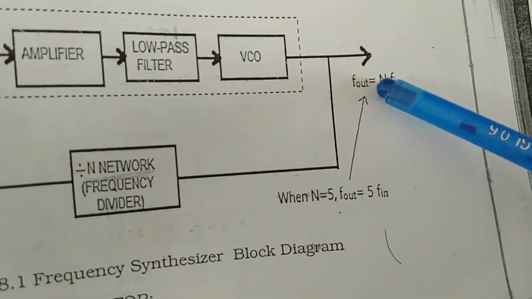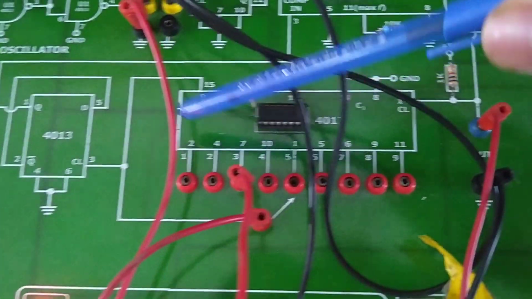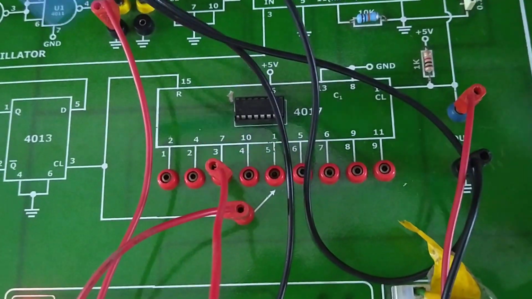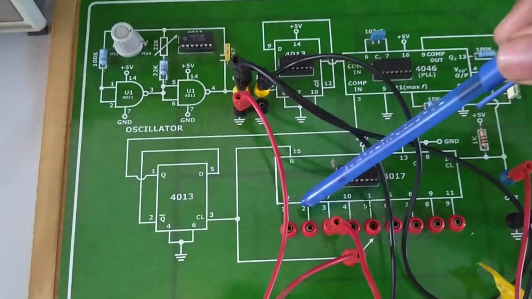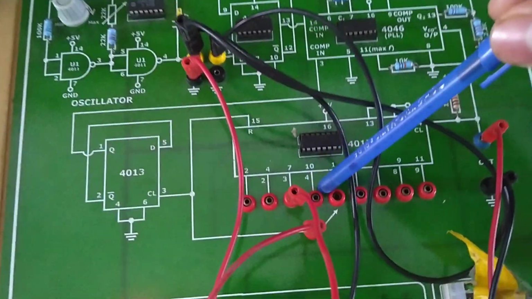With the help of this counter we set up the n value. If we require a frequency equal to the input frequency, we set 1. If it is 2 times, we set 2, then 3 times, 4 times, 5 times.